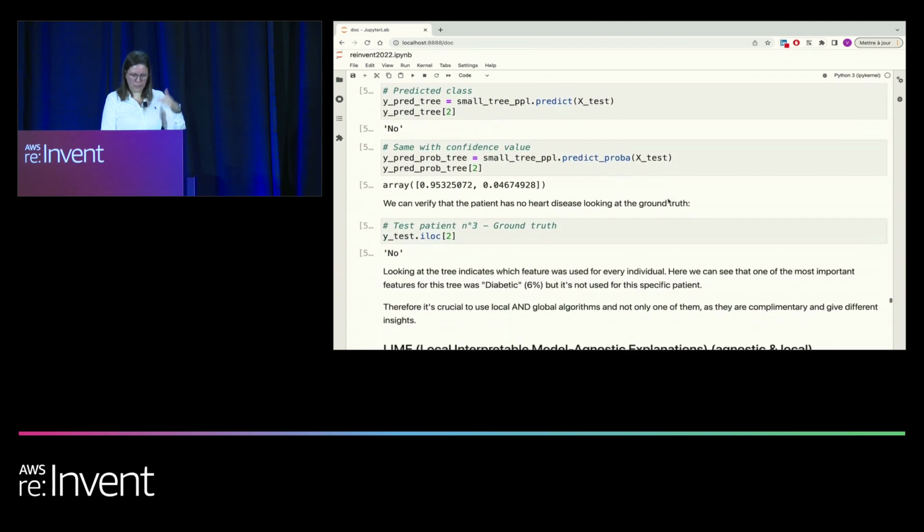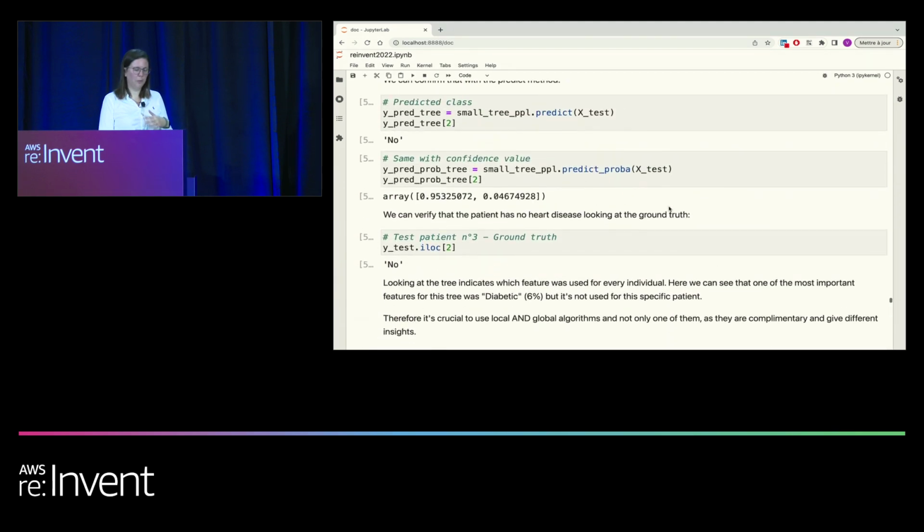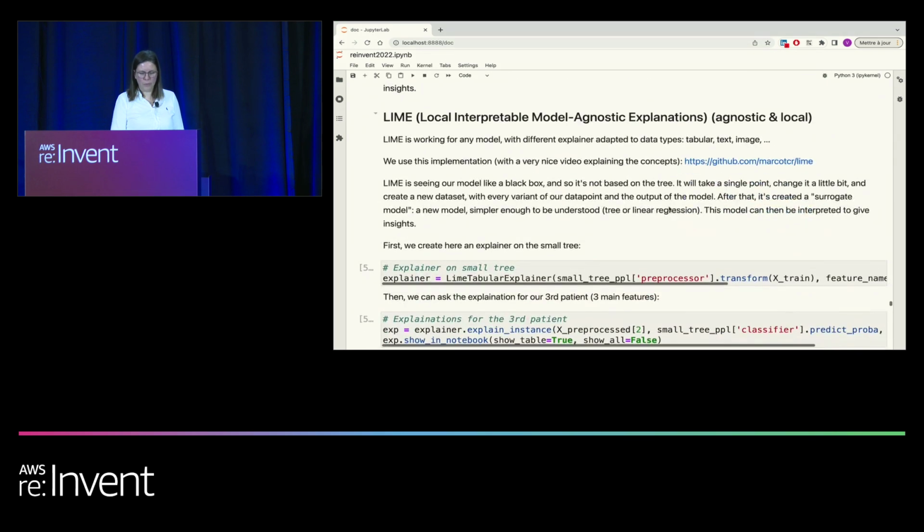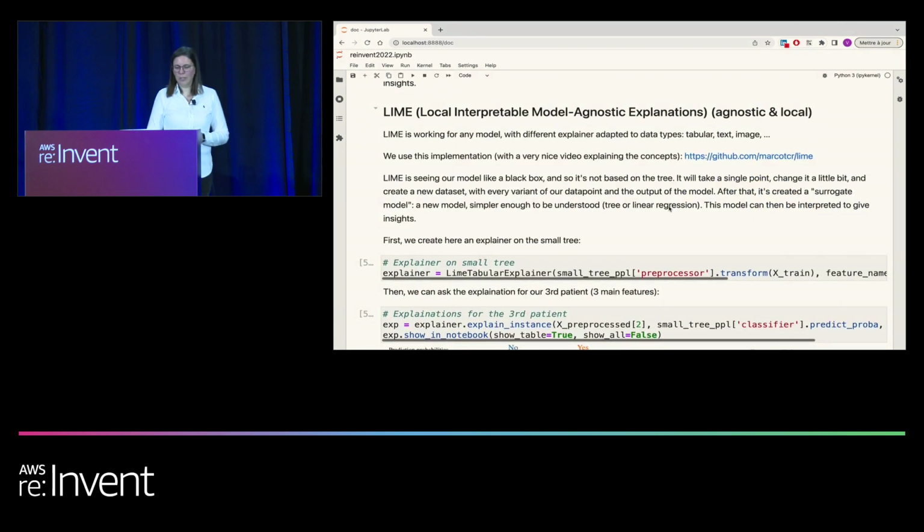So, of course, you can do a lot of things to verify that, and it is very easy to do something specific. So we have seen two specific algorithms. You can have an agnostic one. For example, you can use LIME. LIME is Local Interpretable Model-agnostic Explanations. It is agnostic. It is working for every model. The goal is just to take your model, to take the data point you're trying to explain, to change it a bit, and so to create a new data set.